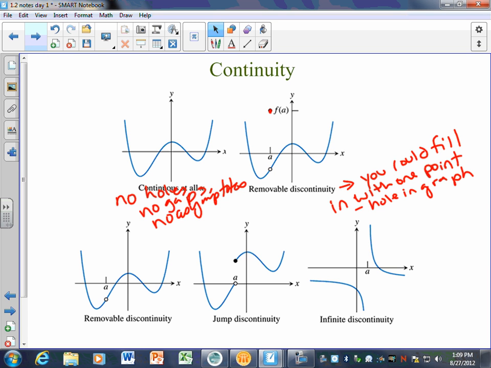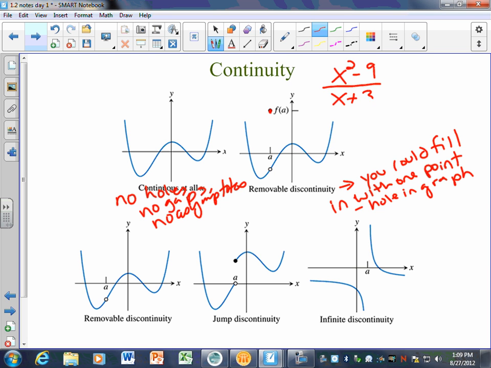Well, we talked about these last year. x squared minus 9 over x plus 3 is an example of a graph with a hole in it. Because if you factor the top, you can cancel that out. And if you can cancel out what the bottom part is with the top, you're just left with a line, x minus 3, but it's still undefined at negative 3.